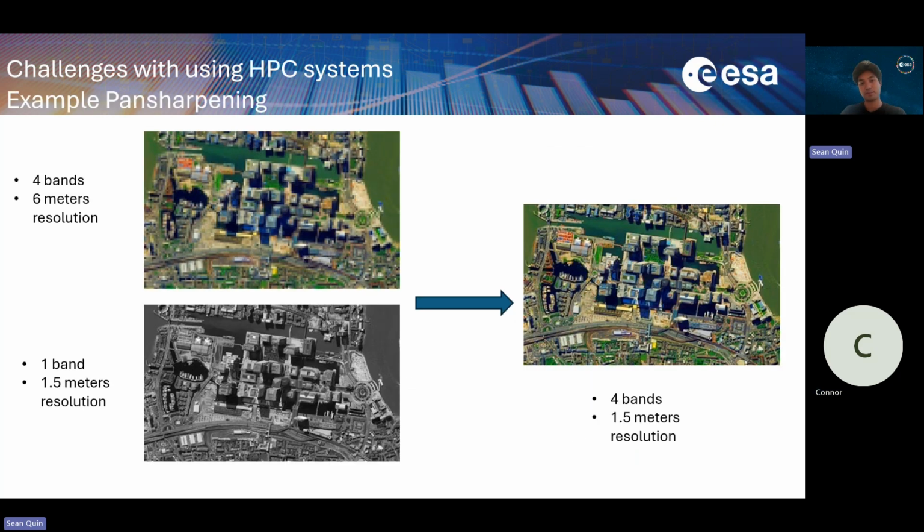But for the hands-on session, we were planning on doing a pansharpening application, which is the process of merging high-resolution panchromatic and low-resolution multispectral imagery to create a single high-resolution color image. So you can see on the left here, we have 4 bands of 6-meter resolution and then 1 band of 1.5-meter resolution. We'd be combining them together to create this 4-band 1.5-meter resolution image on the right.